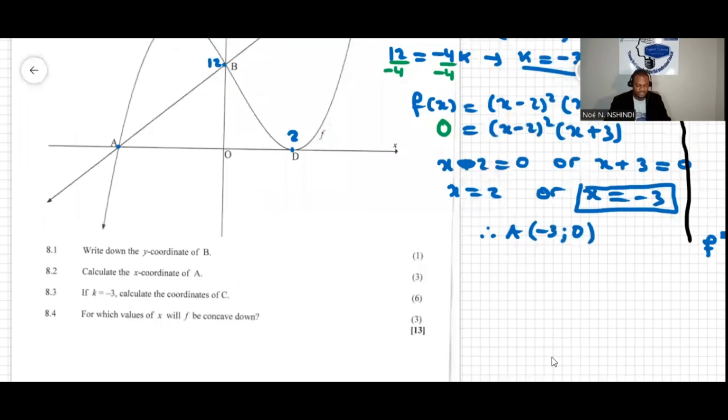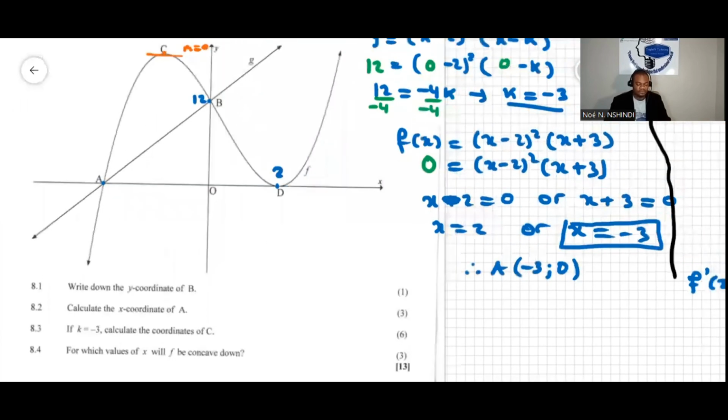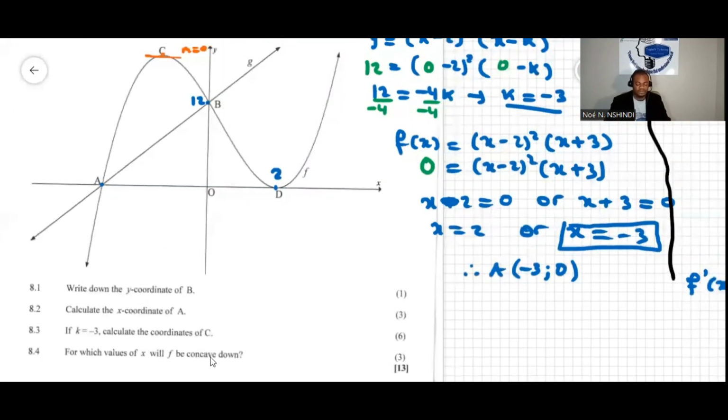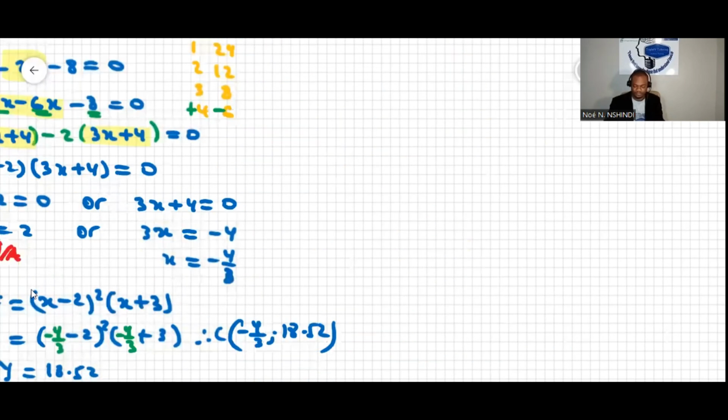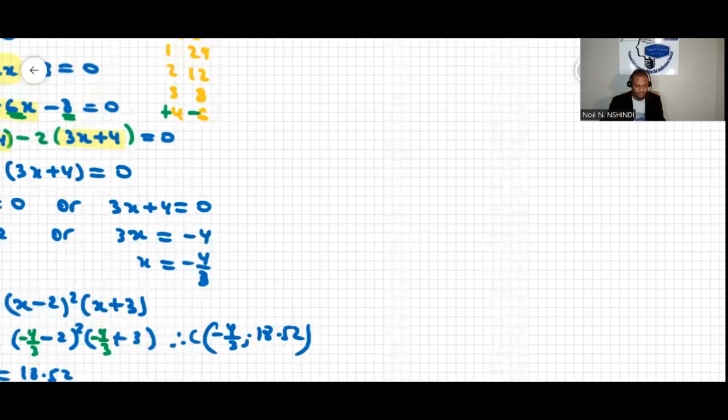The question 8.4 says, for which value of x will f be concave down? The function is concave down if the second derivative of that function is less than 0. Now I'm going to write here 8.4.